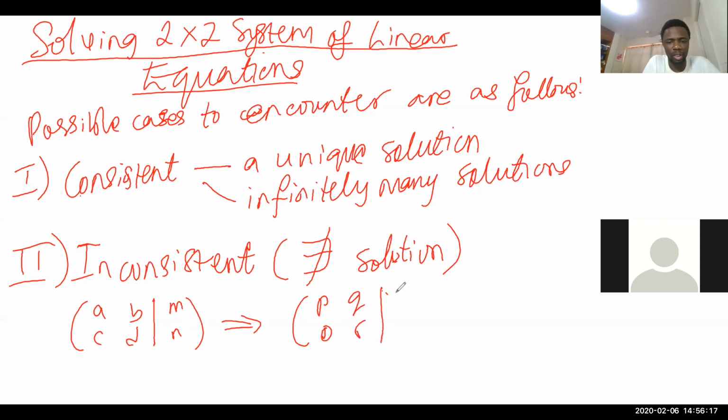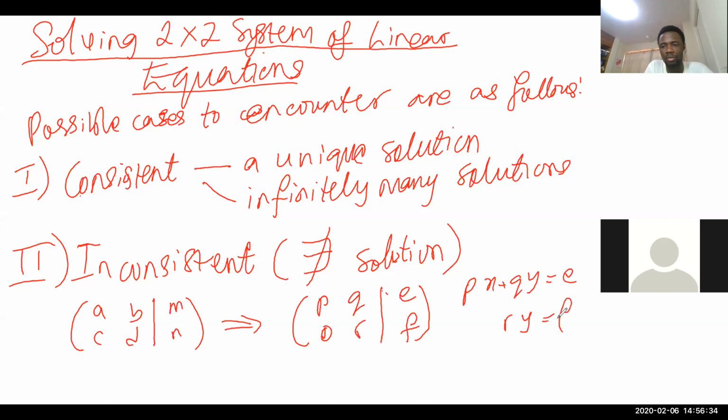And this will be perhaps E, F, such that in equation form, this is Px plus Qy equals E if x and y are the variables, and this is just Ry equals F. Then you can get your y and do backward substitution. So if your y is F over R, then you do backward substitution.